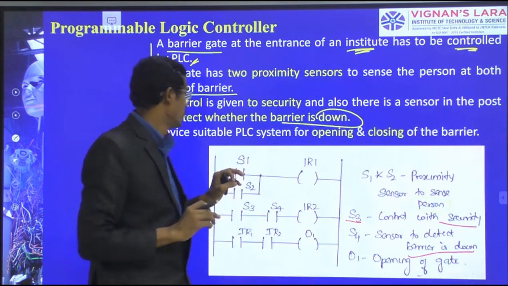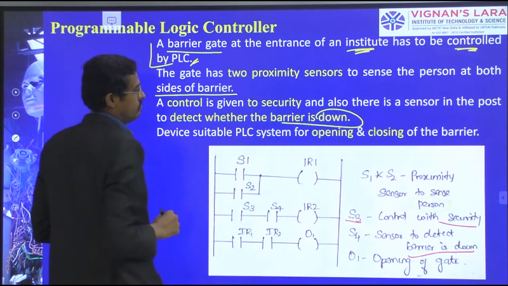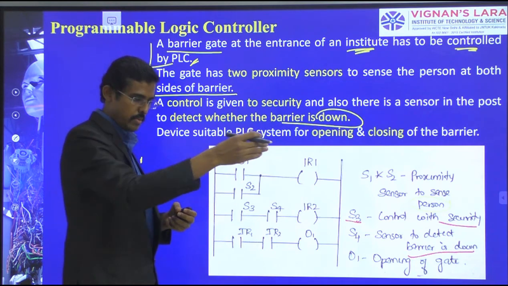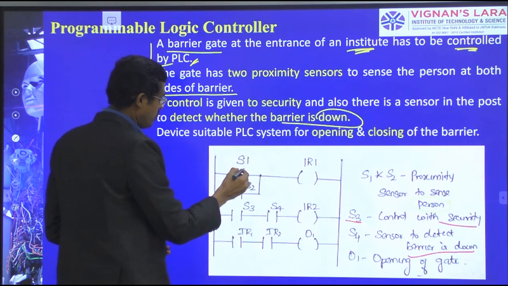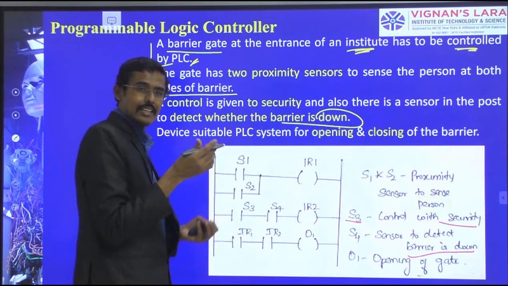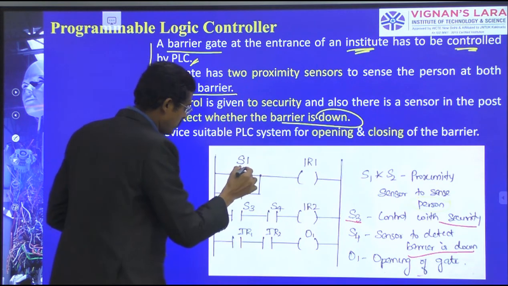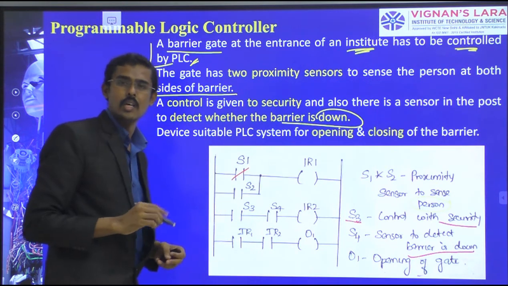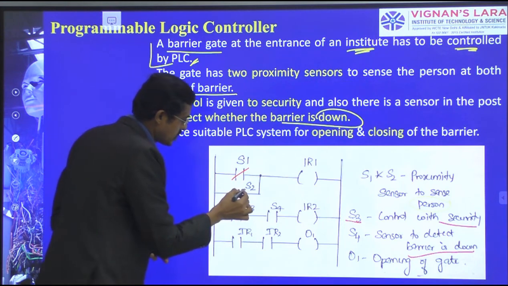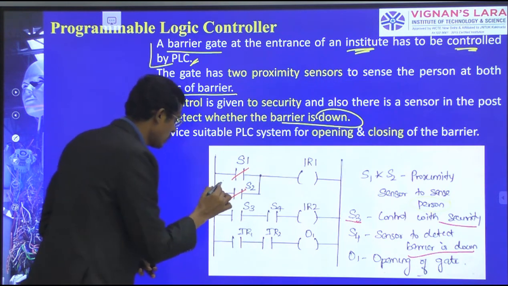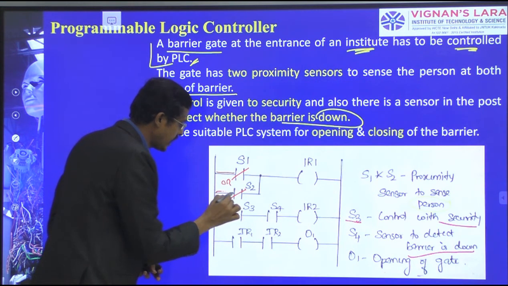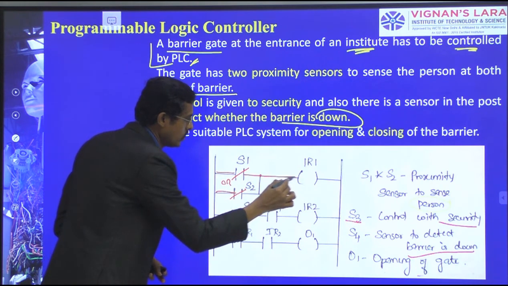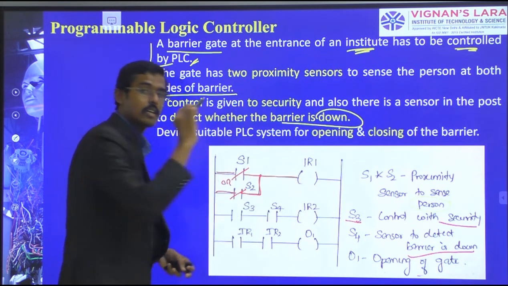That's our program. What I am doing now: S1 may be left or right, and the sensor receives that a person is present in S1, or otherwise a person is present in S2. So this is the OR function. In any case, the circuit is going to activate internal relay 1.